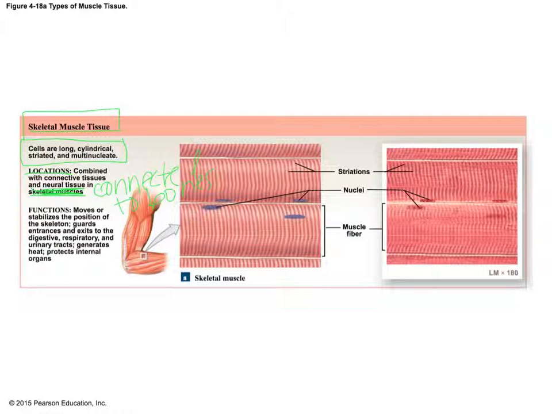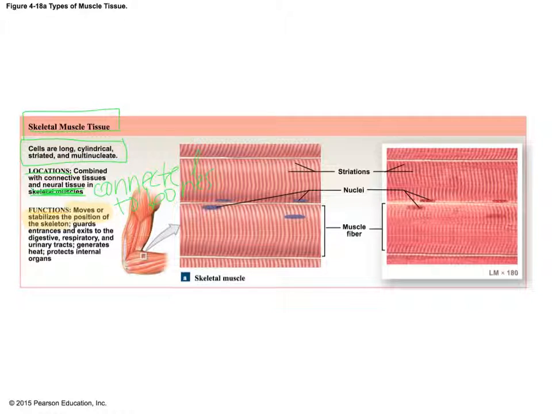And then for functions, we're not going to list all of those functions, but you can write functions. I'll get my highlighter out here. It moves or stabilizes the position of the skeleton.